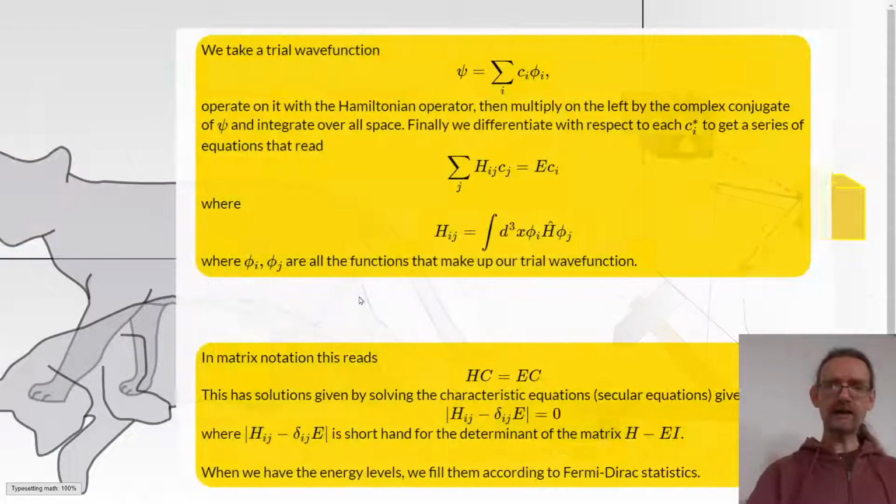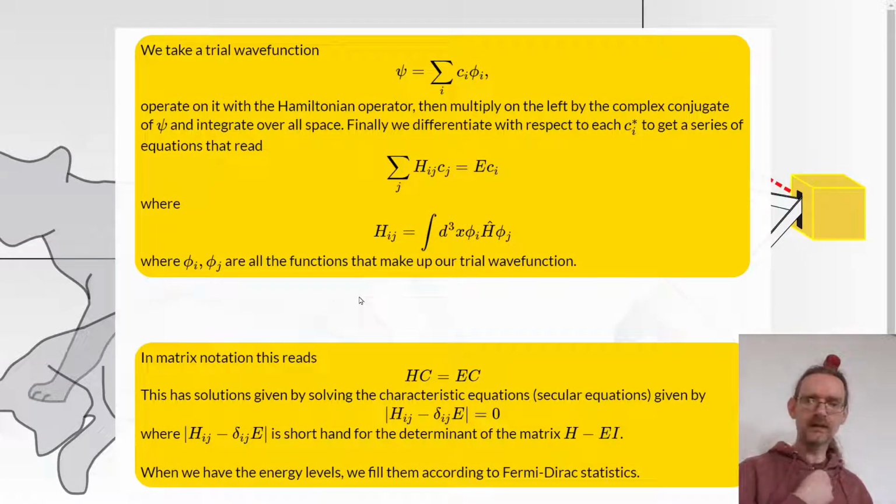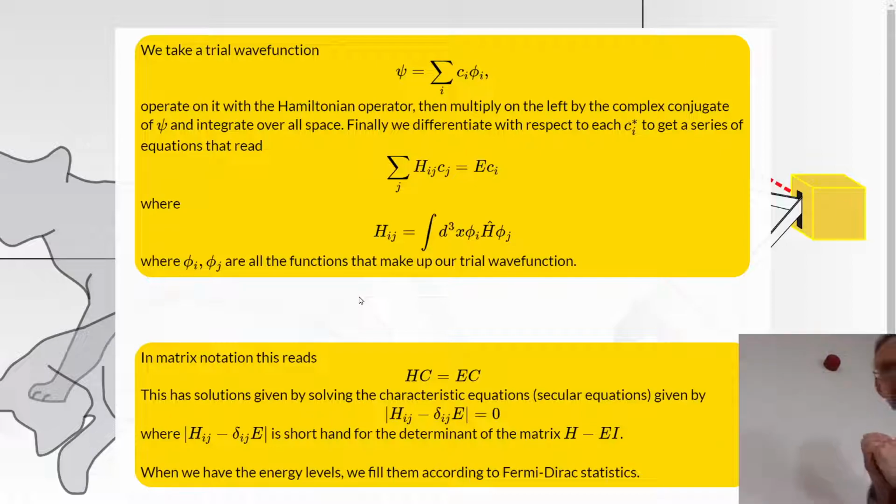And what we did this week was say we don't like solving differential equations, but we do like linear algebra. So we introduced these basis functions. So things that are varying are how much of these two functions, these atomic type orbitals that we're using to build up our wave function.